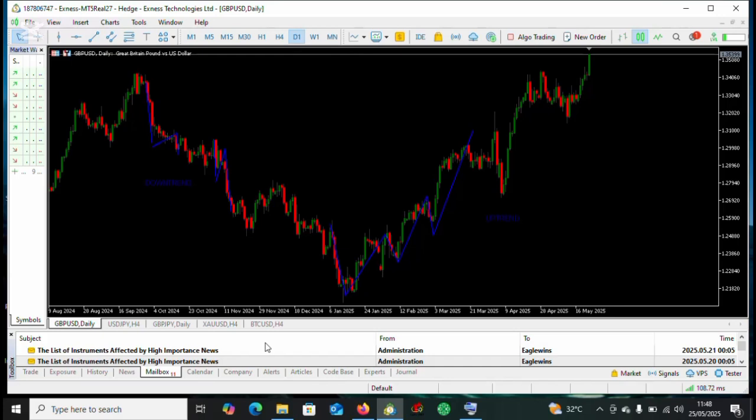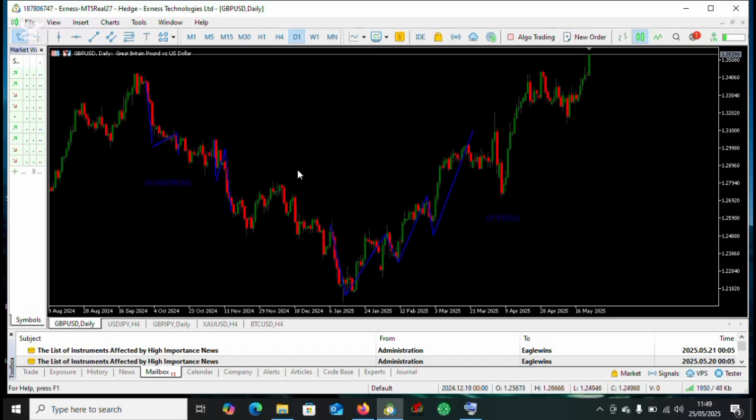When price continues moving in the up direction, giving you a higher low and a higher high, it simply means it's an uptrend. That is to say that the bulls, the buyers, are dominating the market at that time.